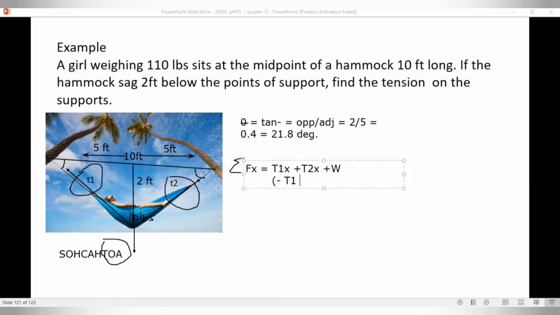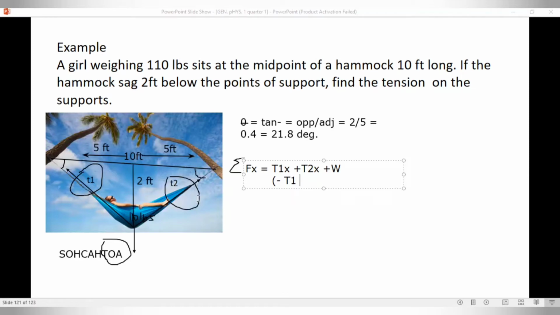Since ang kinukuha natin dito is itong part na yan. Probably yung angle dito is 21.8, 21.8 din po dito. So ang hinahanap natin ngayon is itong part. And this part is adjacent over hypotenuse.